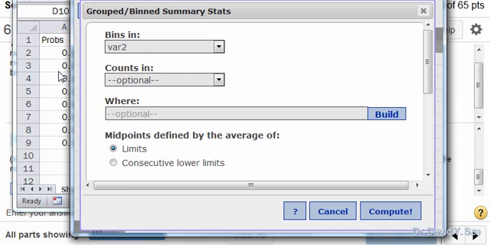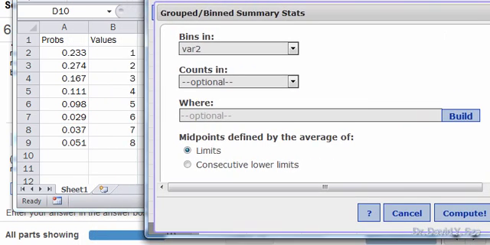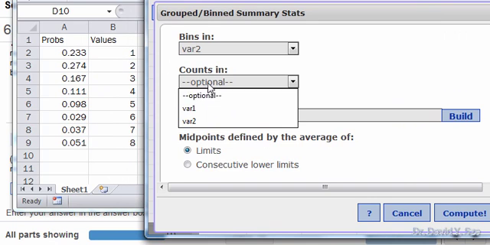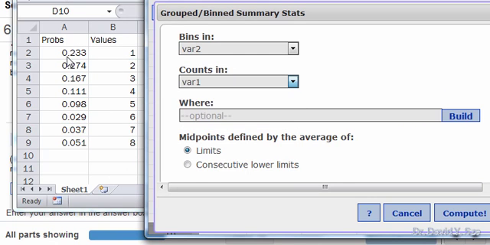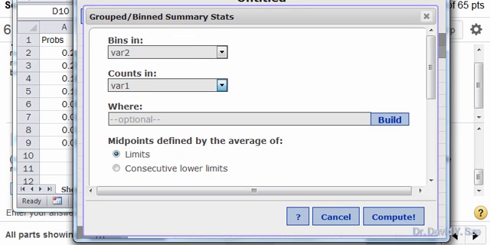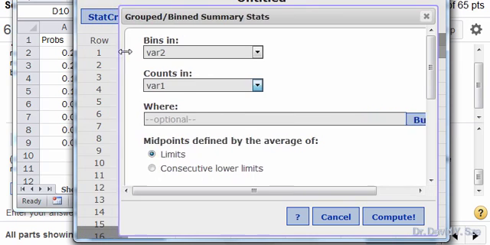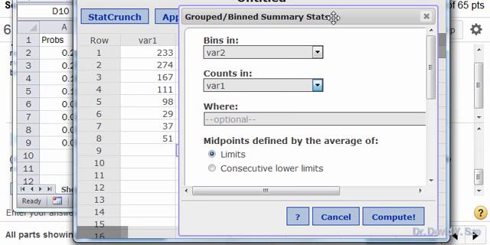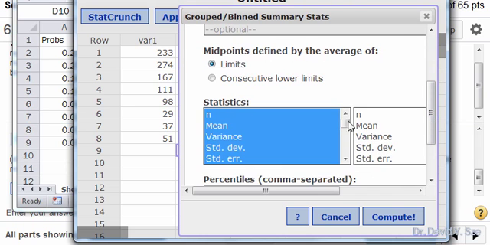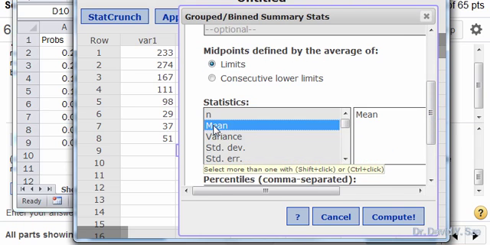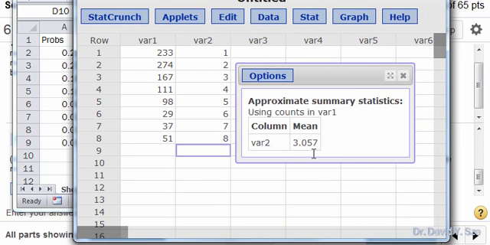Those were the values. And the counts were in variable 1. I actually had showed you the Excel one. If we scroll down, the only thing we're interested really is the mean. So I'll click on mean, compute, 3.057, exactly the same as we got in Excel.